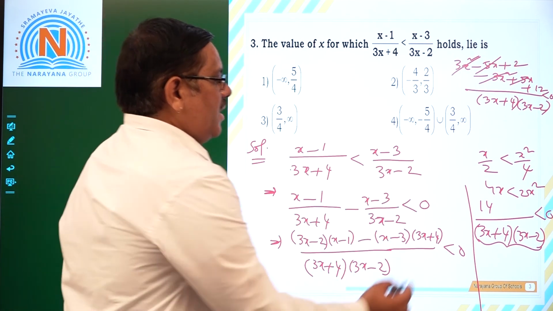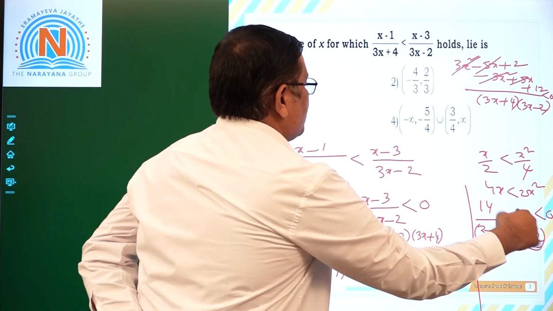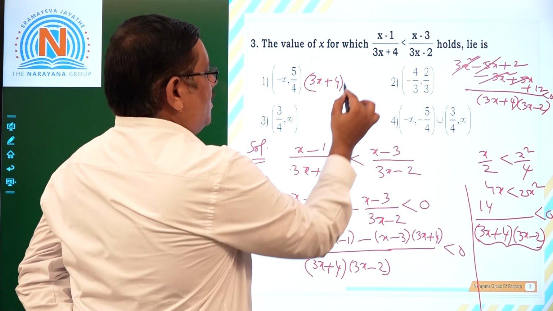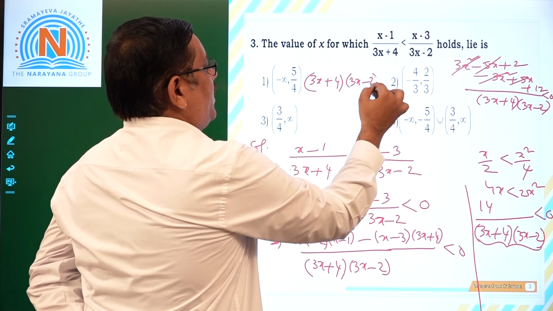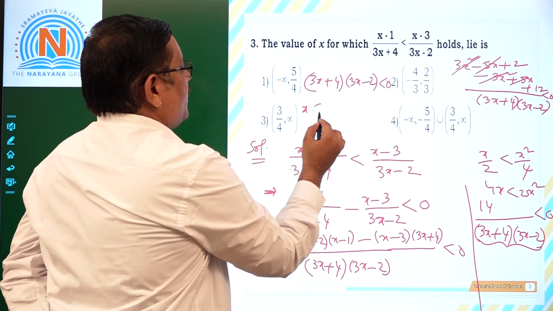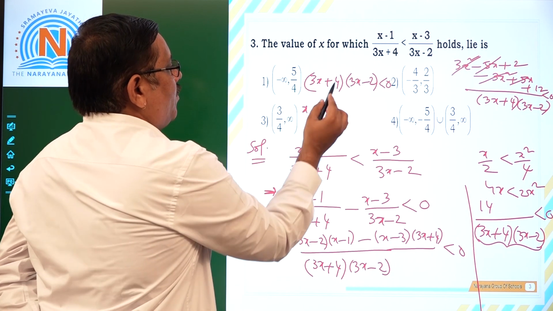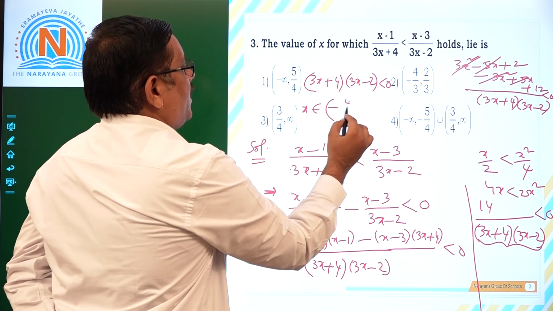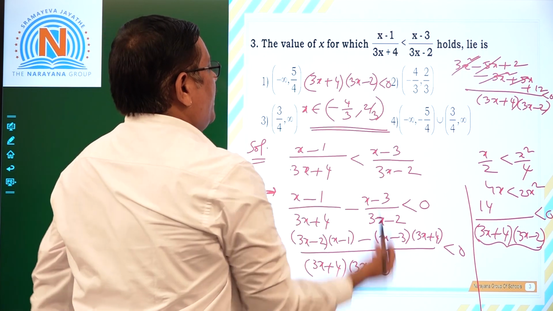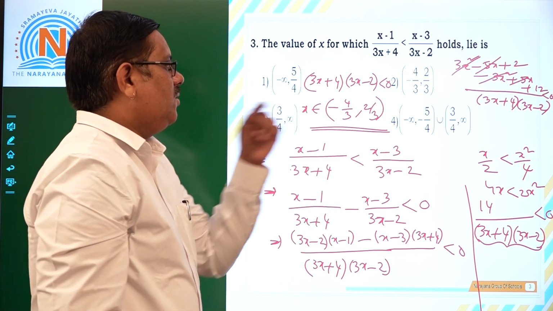This entire expression must be negative. So (3x plus 4) times (3x minus 2) must be less than 0. Okay, as it is less than 0, x must belong between the critical points. What are they? Minus 4 by 3 to, here the critical point is 2 by 3. So x belongs to minus 4 by 3 to 2 by 3.